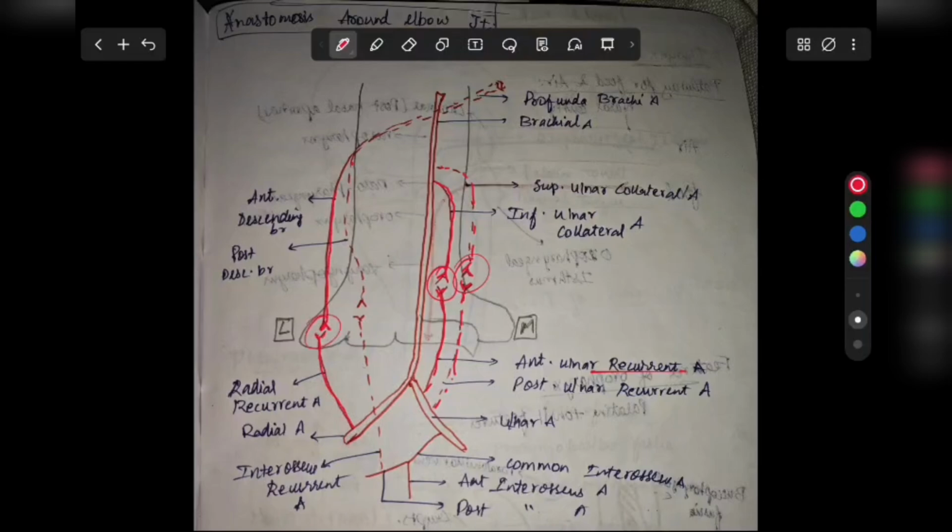The fourth anastomosis is between the posterior descending branch and the interosseous recurrent artery, which is a branch of the posterior interosseous artery. So, to conclude, there are four anastomoses present around the elbow joint.